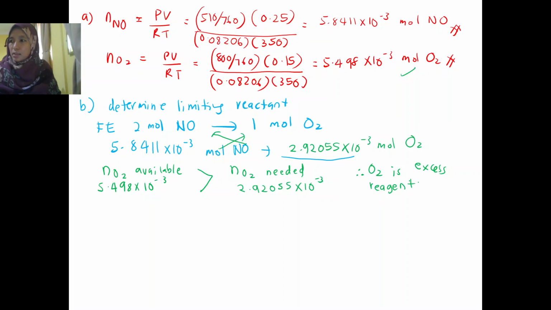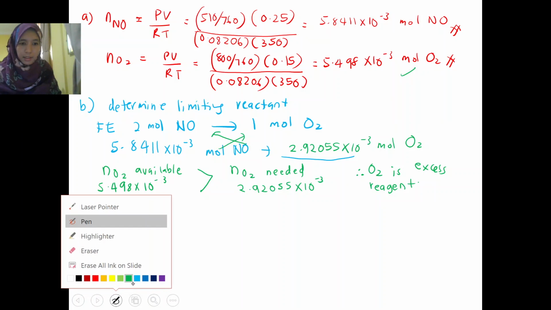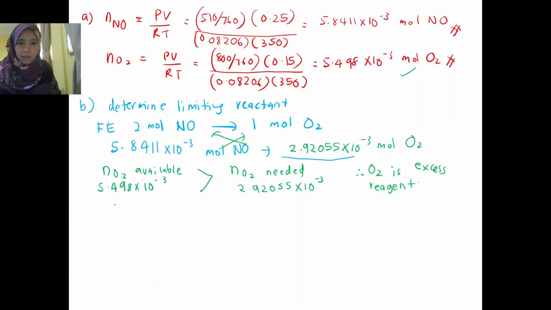Okay, so if oxygen is excess, meaning it will have leftover. So this leftover is what we will calculate the pressure for. So mole O2 excess equal to mole O2 available minus mole O2 needed.